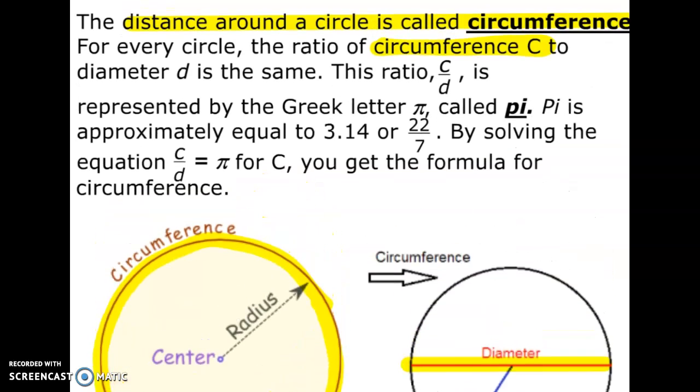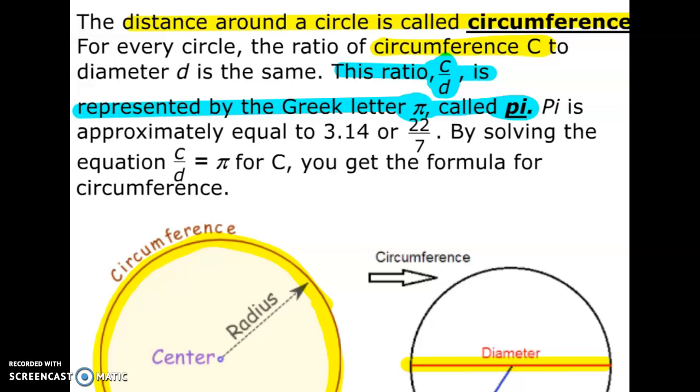The ratio of the circumference compared to the diameter is always going to be the same. This ratio, the circumference divided by diameter, is represented by the Greek letter pi. It's called pi, no e at the end.